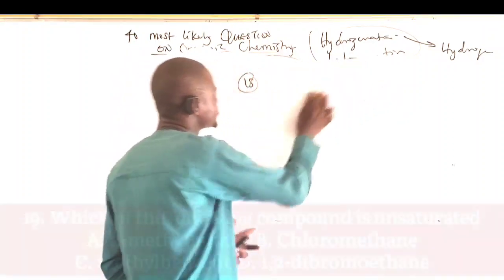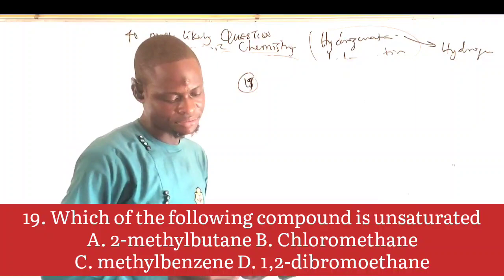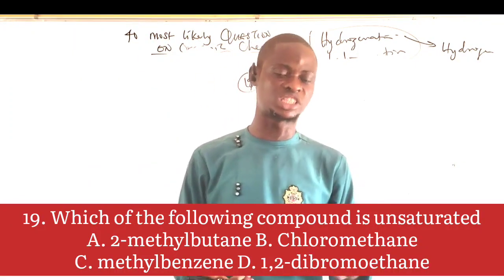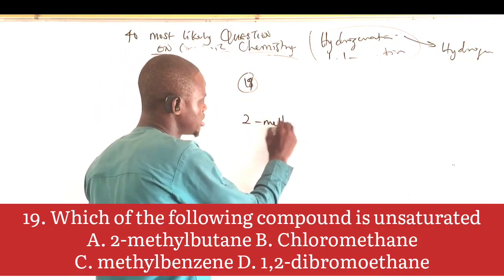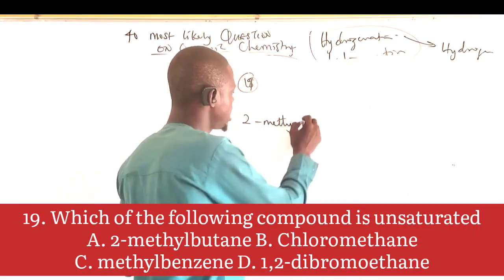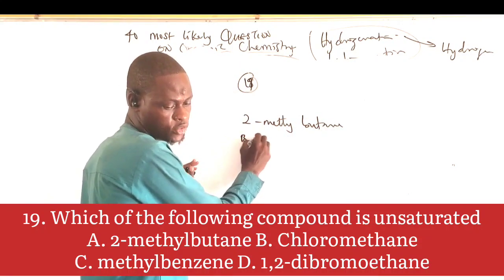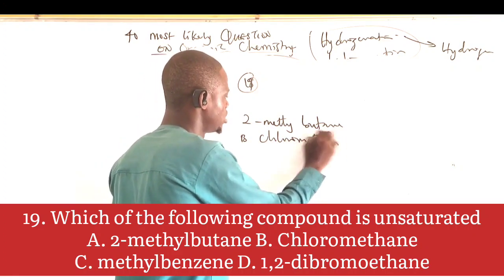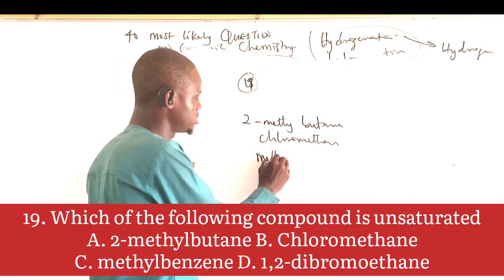Question 19. My question 19 that I've found so far is, which of the following compounds is unsaturated? We can easily distinguish this. Option A, we have 2-methyl butane. Option B, we have chloromethane. Option C, we have methylbenzene.